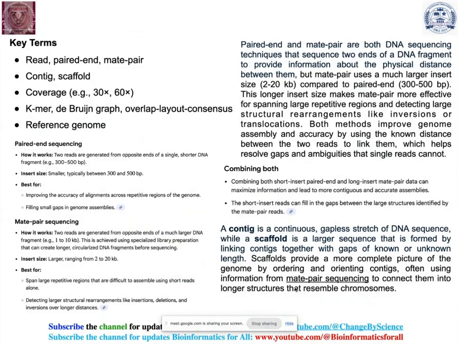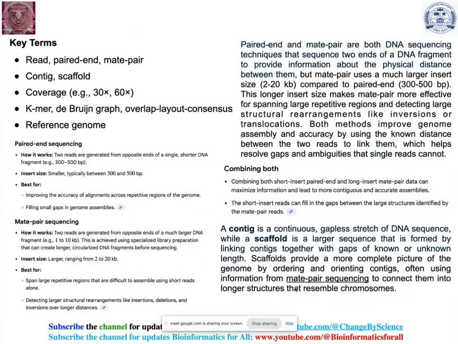And the insert size here is larger, ranging from 2 to 20 kilobases. And it is best for spanning large repetitive regions that are difficult to assemble using short reads alone. Then detecting larger structural rearrangements like insertions, deletions, and inversions over longer distances.